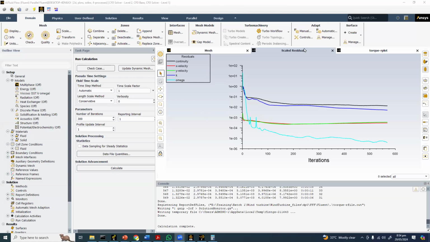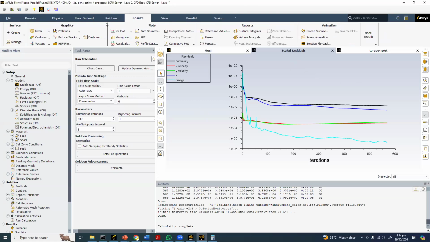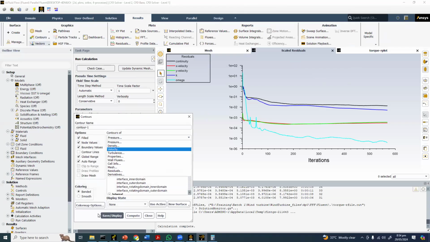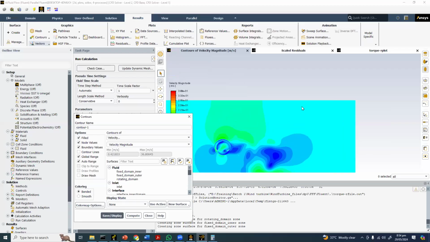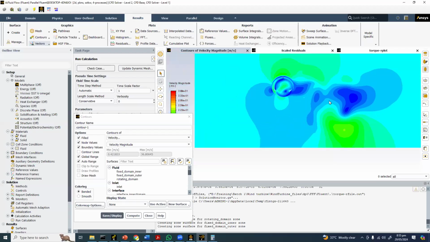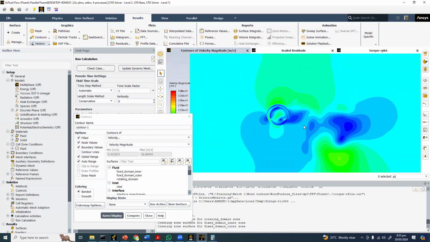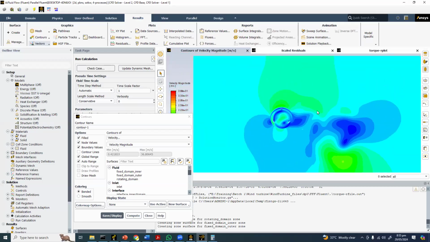Okay, so we now have the solution here. Let's check the results. I will go for the contour plots for the velocity, and we have some indication that something is happening there.